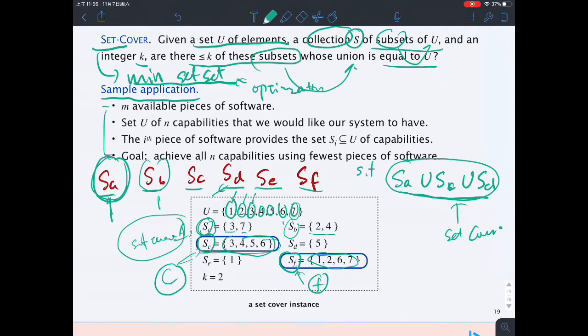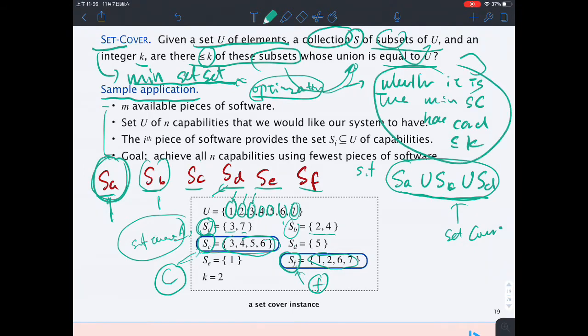And in order to make the output consistent, sometimes people turn that into a decision version of the problem, as I mentioned just now. When we talk about the decision version, we ask whether it is true that the minimum set cover has cardinality at most k.